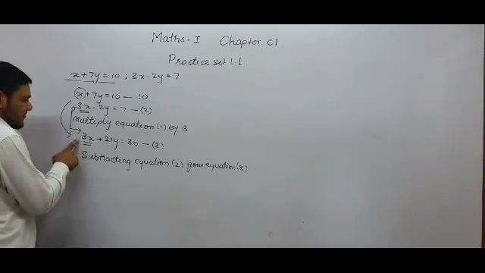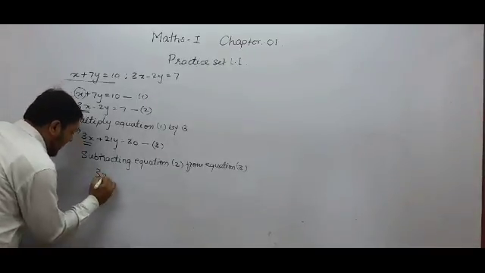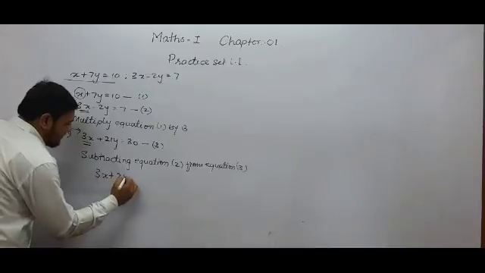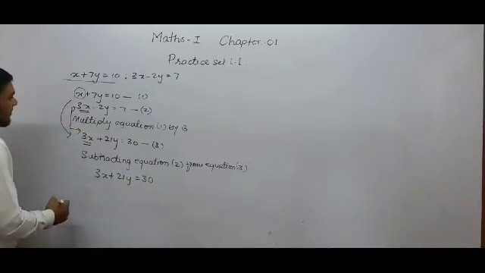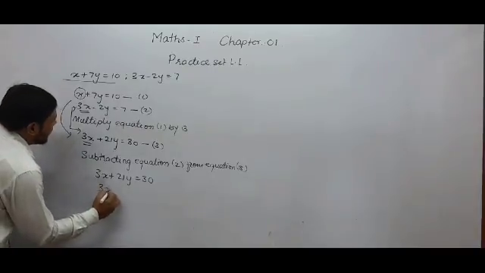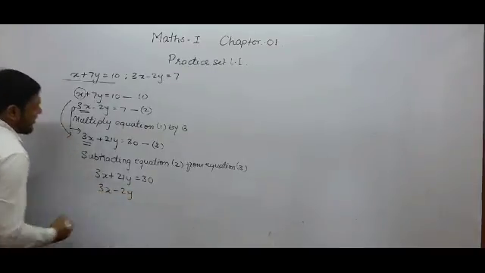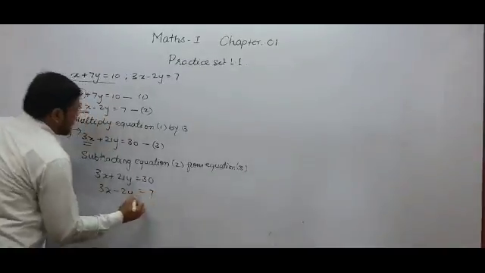So students, this is equation 3, it is 3x plus 21y equal to 30, and we have to subtract the second equation, that is 3x minus 2y equal to 7, from this.